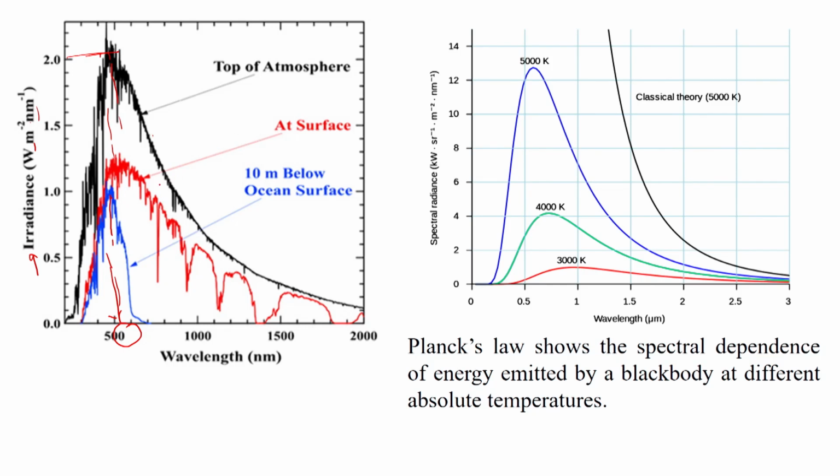At the surface, part of the energy will be absorbed, so you will have several absorption bands, because between the atmosphere and the surface there are many gases that absorb the radiation. Another curve is given 10 meters below the ocean surface, so it will be further lower.